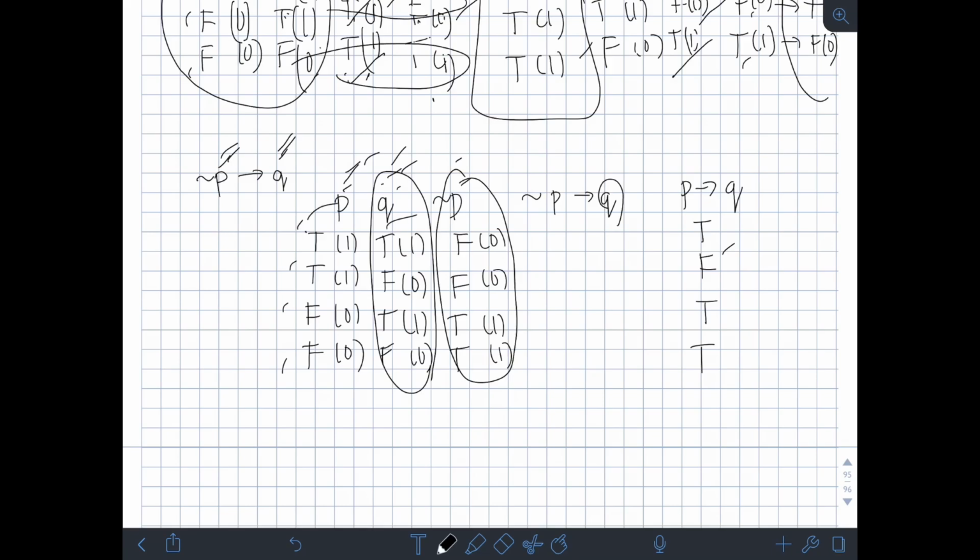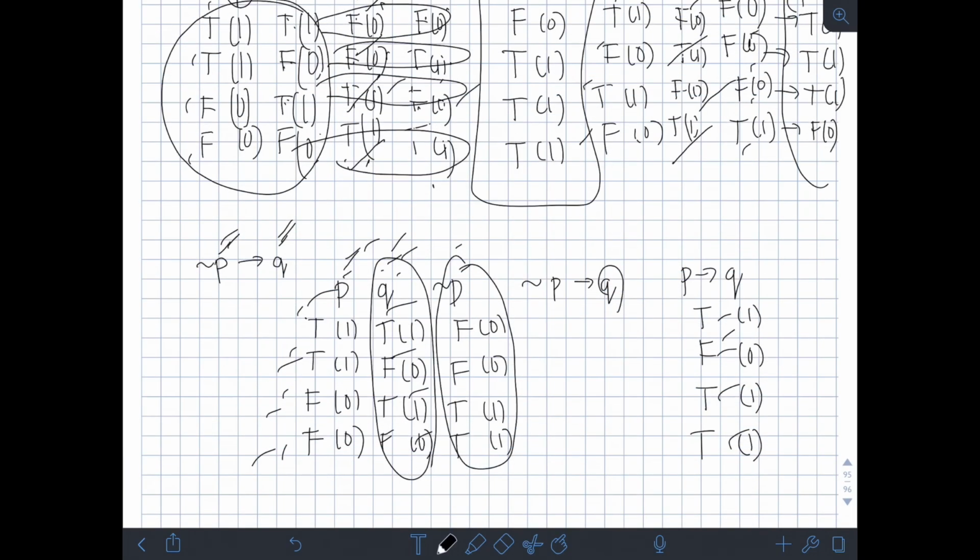So kapag true, true, true; true, false, false; false, true, true; and false, false, true. Okay? Or logic 1, logic 0, logic 1, logic 1. Okay? Now, i-pattern natin ngayon yung magiging output nitong not P then Q dito sa output nitong P then Q.